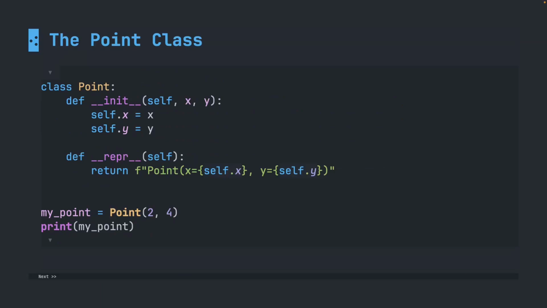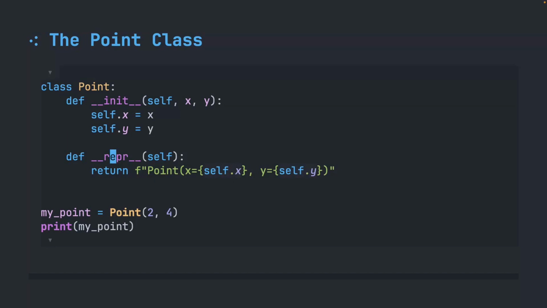To hopefully help this sink in just a little bit more, here we have the Point class. So we've created a new class. It's called Point, and again, this is camel case. If we do it this way, we do have to write the dunder init method ourselves. The two attributes that we're going to have are x and y, and then we assign those as attributes to our future objects with self.x equals x and self.y equals y.